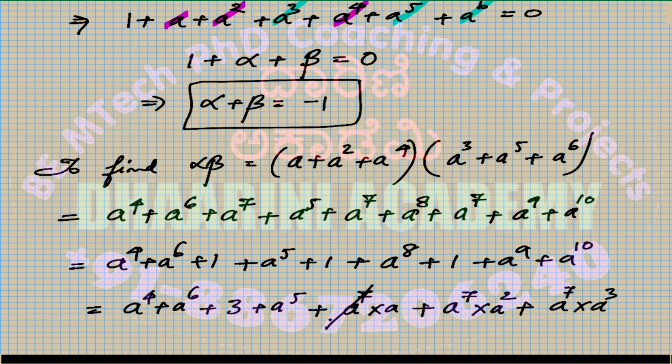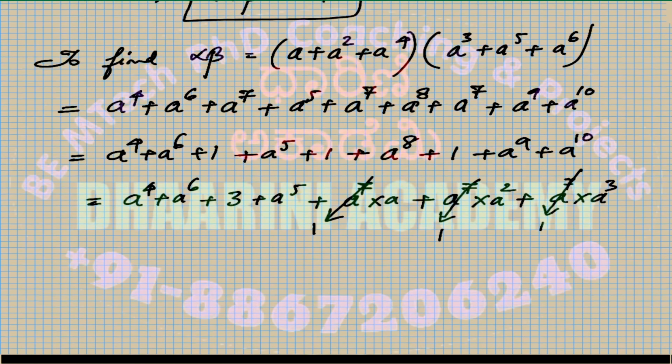Why? Because a to the 7 is 1. I can replace it as 1. Alright, next. So this is equal to 3 plus a plus a square plus a cube plus a to the 4 plus a to the 5 plus a to the 6.